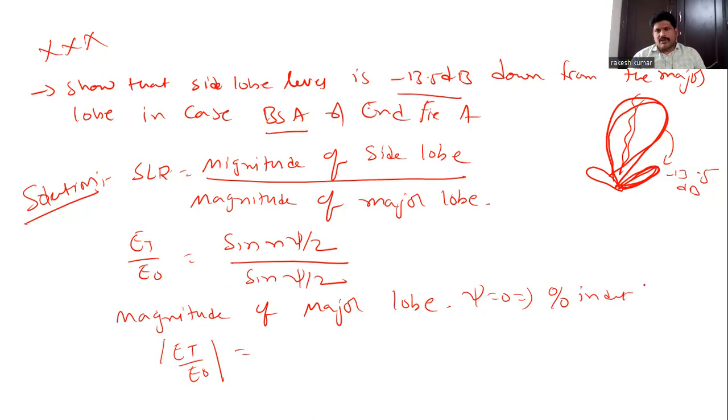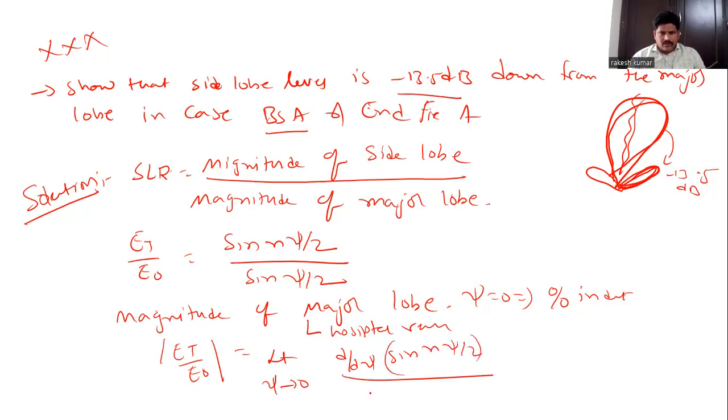So we apply L'Hospital's rule: limit psi tends to 0, d by d psi of sin(n psi by 2) by d by d psi of sin(psi by 2). If you substitute, we get the magnitude of the major lobe.